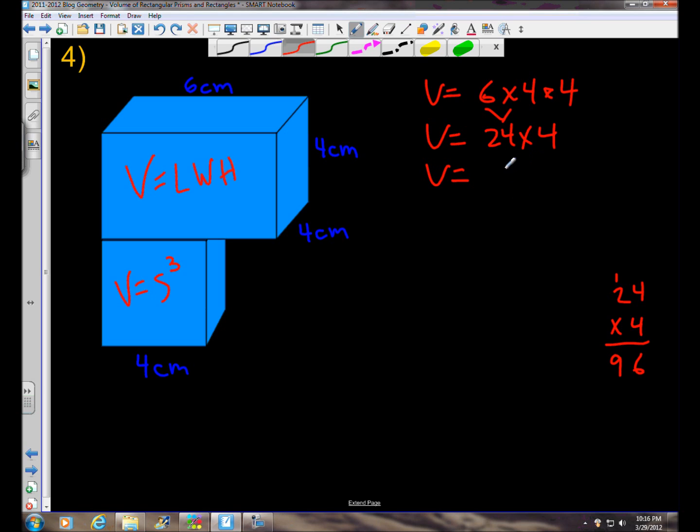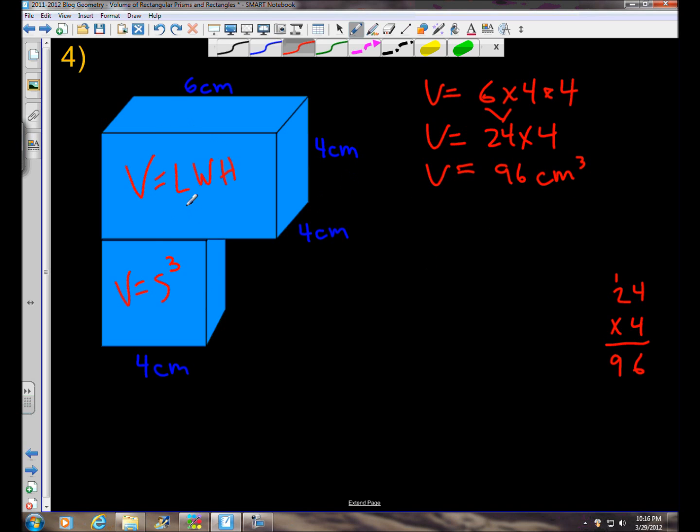Alright, so the volume for the top portion, or the rectangular prism portion, would be 96 centimeters cubed. And if you got to double check your unit, yep, centimeters is what we've been using for this figure.